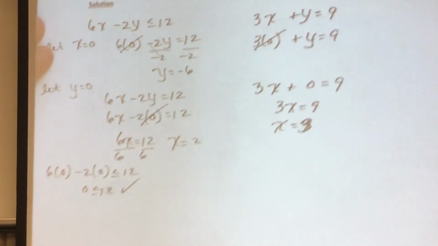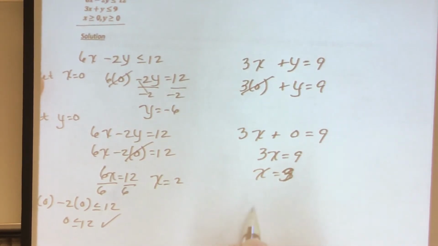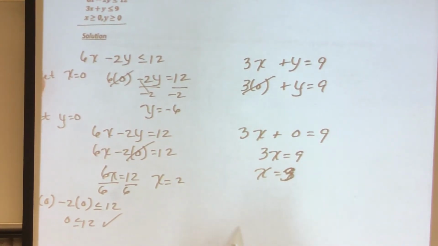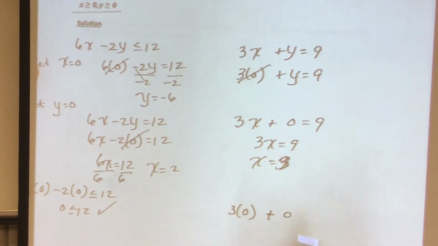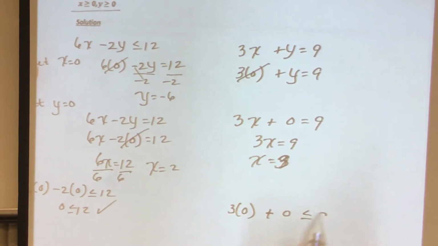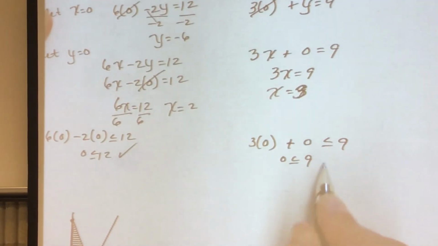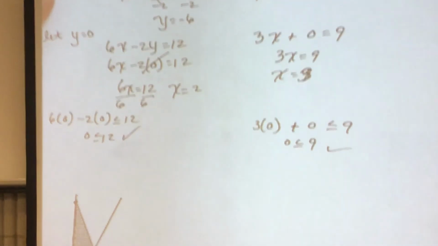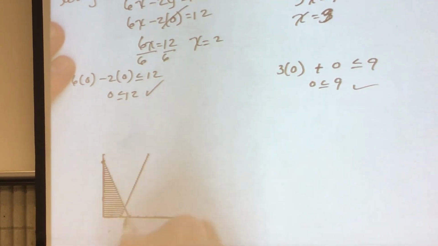Now let's shade that region. And we can plug in 0 for x and 0 for y. So 3 times 0 plus 0 is less than or equal to 9. So is 0 less than or equal to 9? That is true. So we're shading below this line.